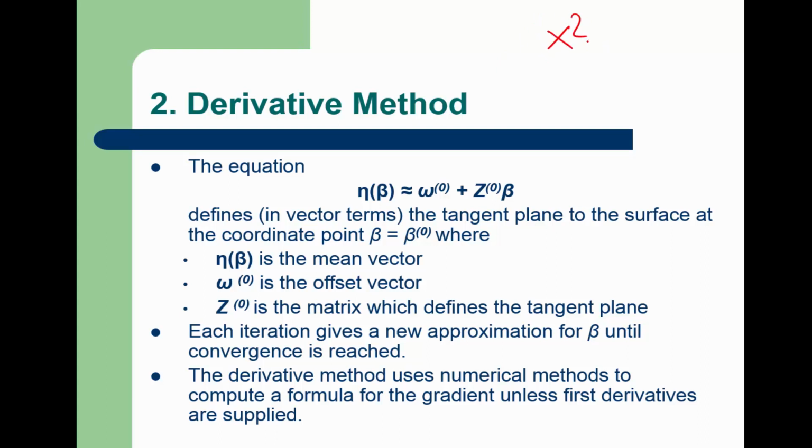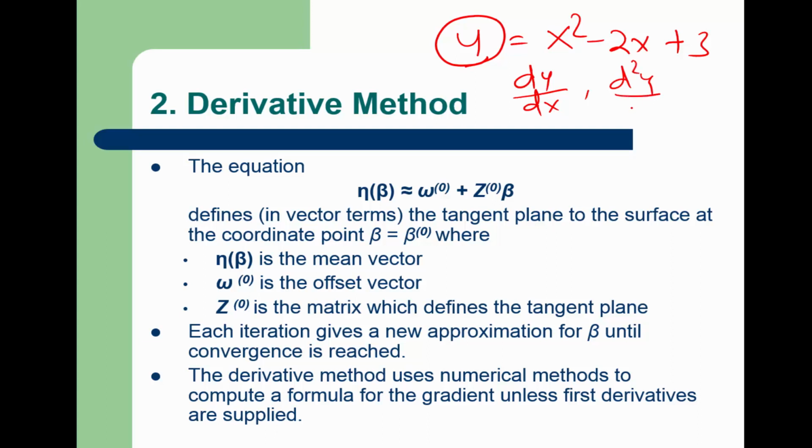For instance, if you have x squared minus 2x plus 3 and that's y, you can find the minimum value of y by taking the first derivative with respect to x and then the second derivative, and seeing if it is negative or positive, and then put that value of x at that point, and you get the minimum value of y. That's what we learned in school calculus, right? That's exactly what is being used here.